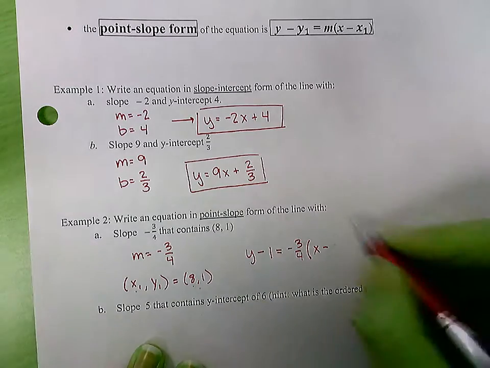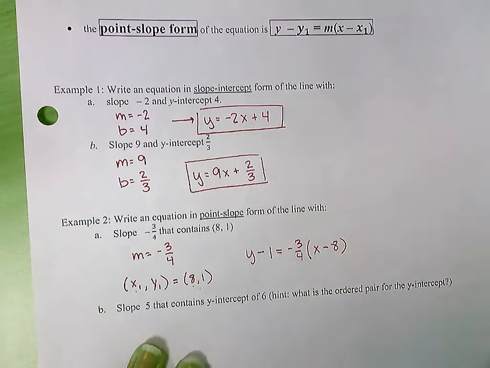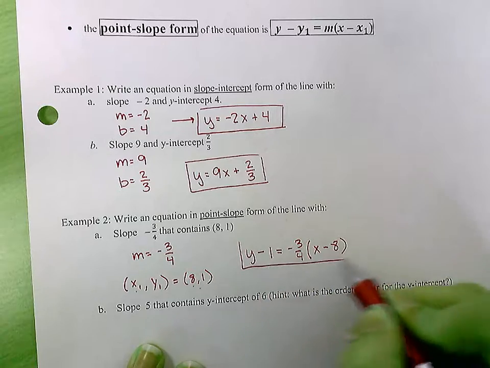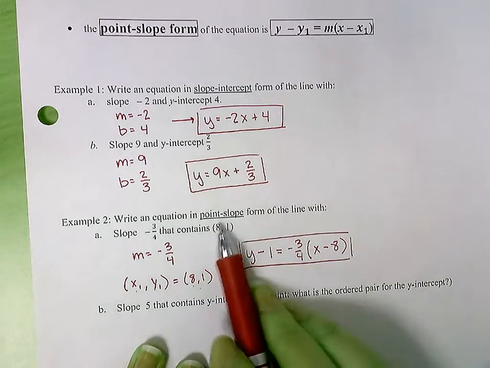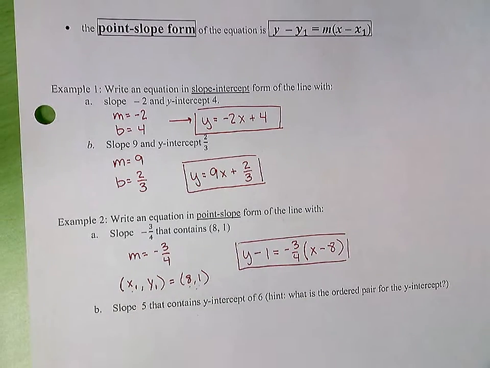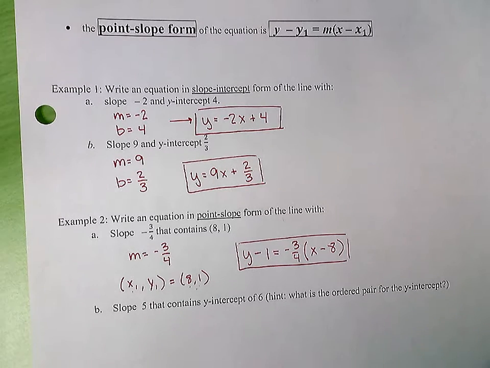X sub 1 is 8, and end our parenthesis. And then we'll just leave it like that since it wanted it in point-slope form. Okay, so we're just plugging things in to create our equation. Questions on that one?